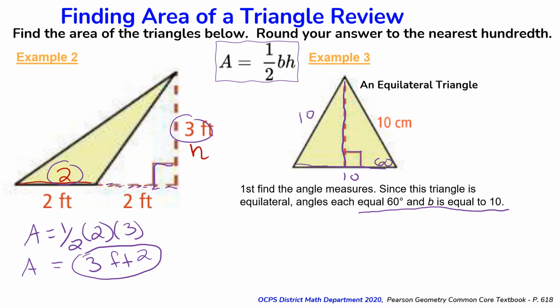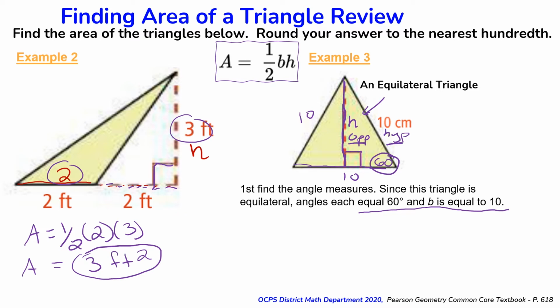So if I'm looking at half of this triangle here, I cut it up into 2 triangles, and I'm just going to look at this one here, right? I could find my height by using trig. So in reference to that 60-degree angle, I have the opposite side, opposite that 60-degree angle, and I have the hypotenuse of that triangle because it is opposite the right angle. So I have opposite and hypotenuse.